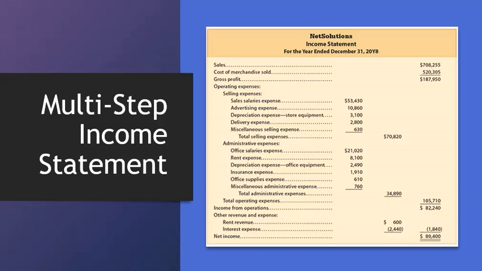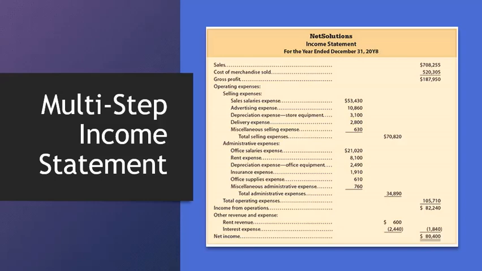The multiple step method essentially just breaks it down into additional categories. It gives us additional subtotals that we would not see using the single step approach. Now, one important thing to note is you're going to get the same net income regardless of the approach that you use. The multiple step is just a bit more detailed.